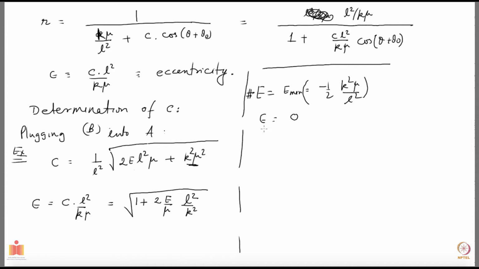Now if you put it into R, it is this piece: L square over K mu over 1 plus epsilon cos of theta minus theta naught. If epsilon is 0, your R is independent of theta, it's a constant, meaning you have a circular orbit.